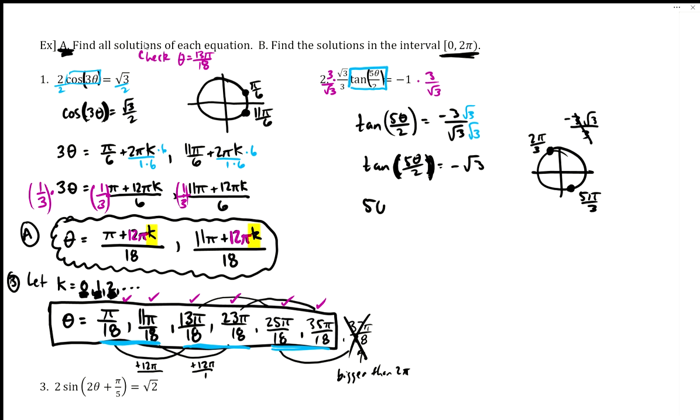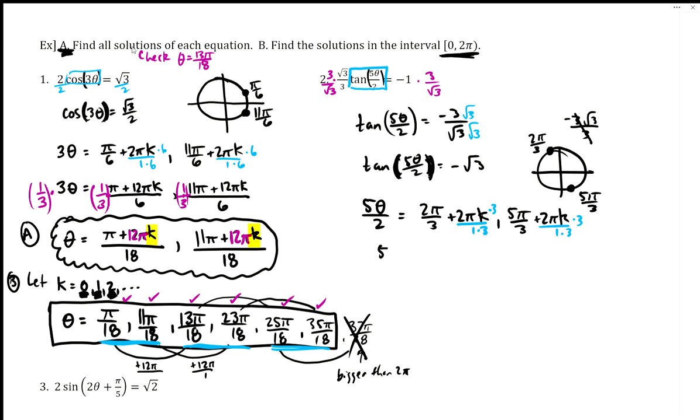So we'll have 5 theta over 2 is equal to 2 pi thirds, and now is where we would just instantly put in the 2 pi k, and then comma, 5 pi thirds plus 2 pi k. Like the last problem, we do want a common denominator, so let's put a 1 there as needed, and then both of these would get multiplied by 3.